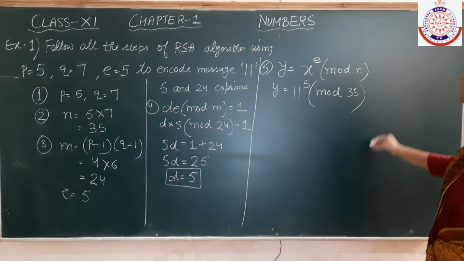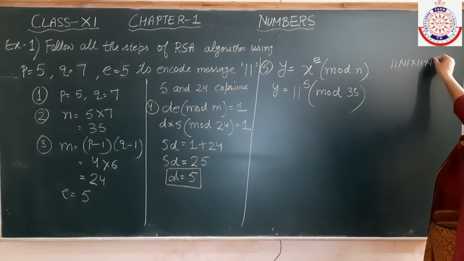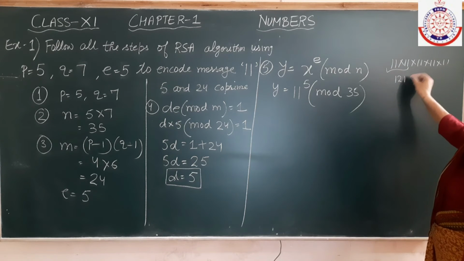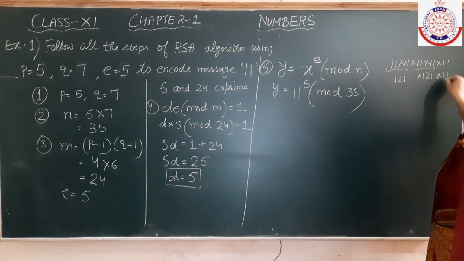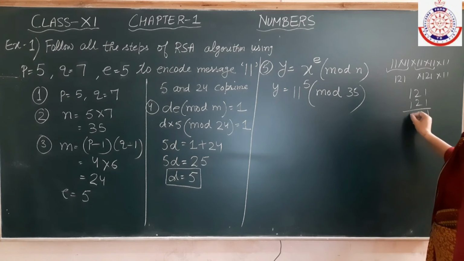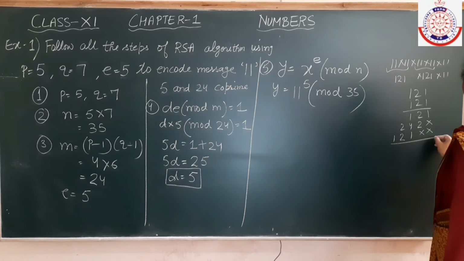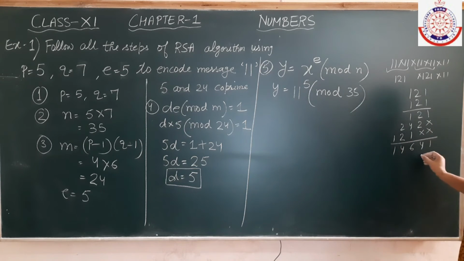So 11 5 times. 11 into 11 into 11 into 11 into 11. 121. 121 into 11, and again multiplied by 11.